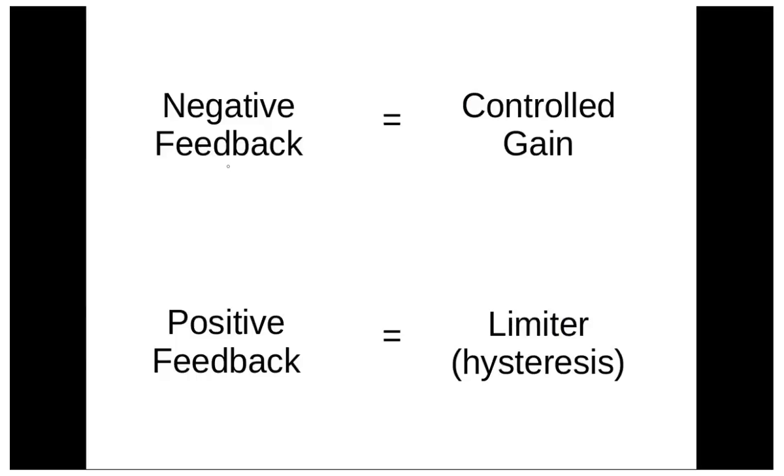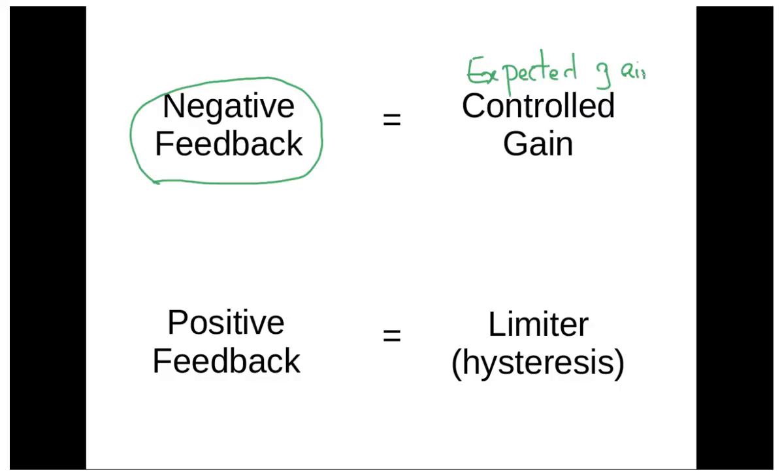So in most of the circuits, what we will be using is negative feedback, and negative feedback helps to control gain. You can expect what the gain is, and it doesn't really depend on the exact amplifier you are using, as long as the amplification is large.